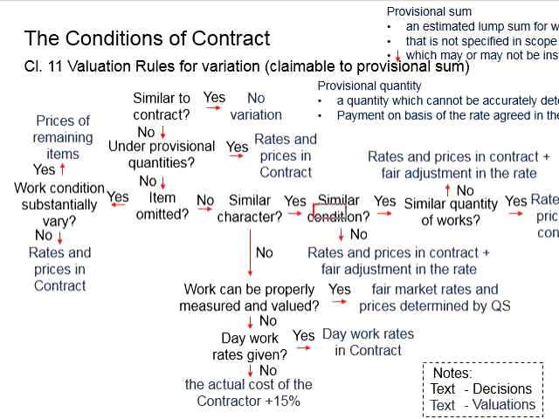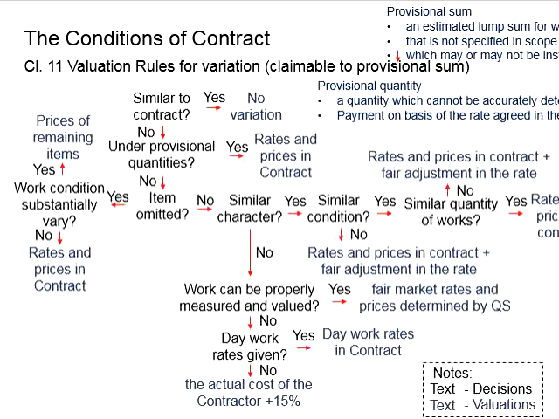Let's say now the conditions are different. That means we cannot literally use the rates and price in the contract, as this may incur additional costs to either the contractors or the employer.